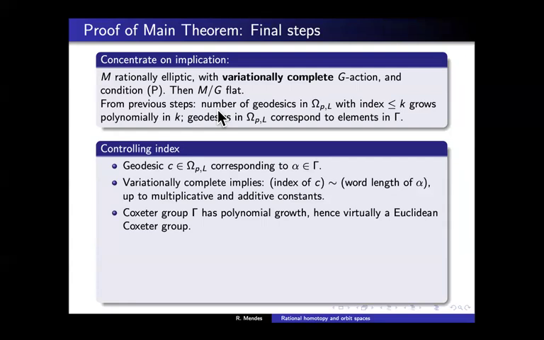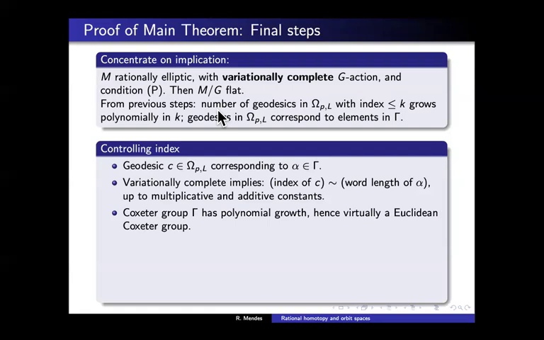Now, this group gamma is a reflection group acting on that manifold without conjugate points. But abstractly, it's a Coxeter group too. So the generators are the reflections in the walls of the Weyl chamber. And there's a lot that's known about Coxeter groups.